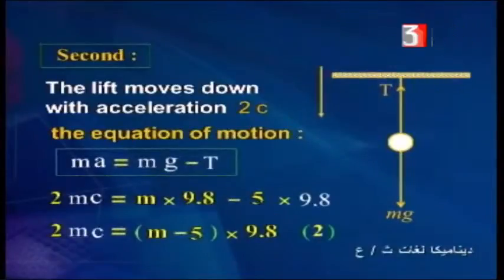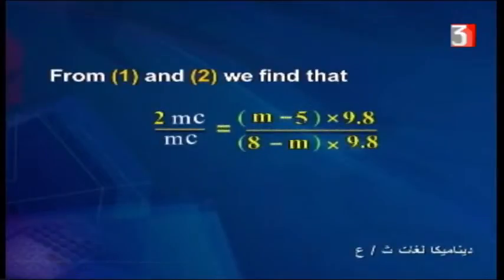Now we solve the two equations. From equation number 1 and equation number 2, we find that 2mc over mc equals the bracket m minus 5 multiplied by 9.8 over 8 minus m multiplied by 9.8. We can cancel mc from numerator and denominator in the left hand side, and 9.8 from the numerator and denominator in the right hand side.